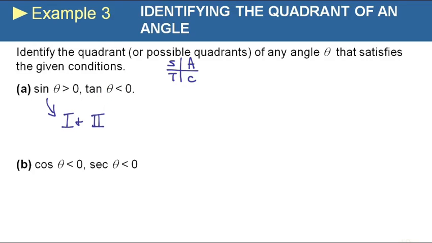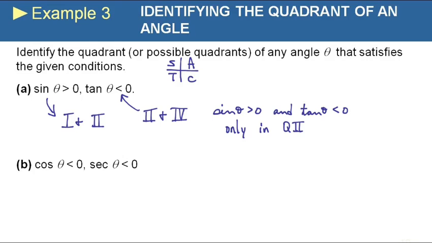But the quadrants where tangent is negative are quadrant 2 and quadrant 4, because tangent is positive in 1 and 3. So tangent is negative in 2 and 4. Now the only quadrant that these two have in common would be quadrant 2. So the only place that we can have positive sine and negative tangent is in quadrant 2.